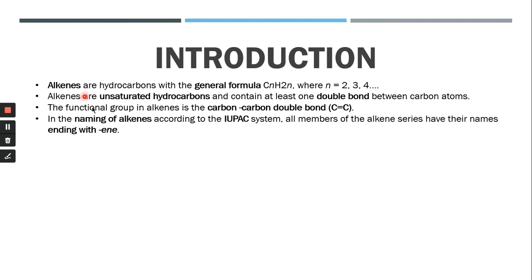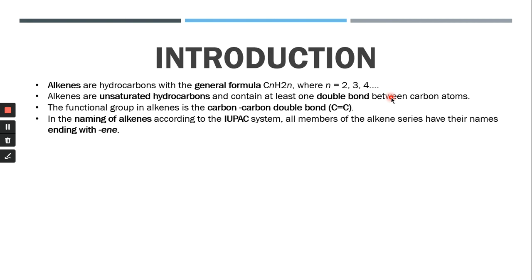Okay, so unsaturated, at least one double bond. For this time being, kita just ingat yang alkene ada satu double bond. Bila kita dah masuk asasi, namanya akan ada 2 sampai 3 double bond dan namanya akan jadi bertukar.